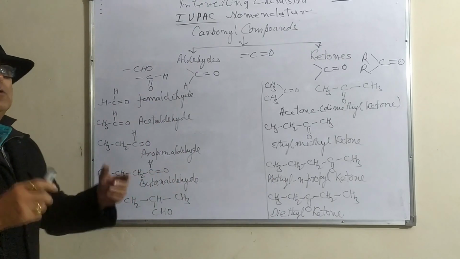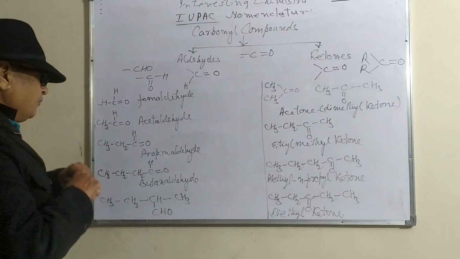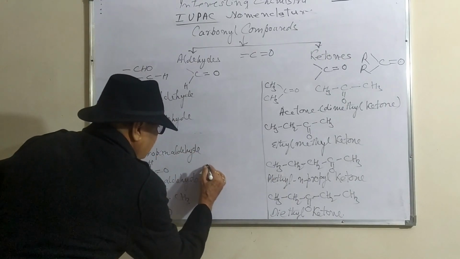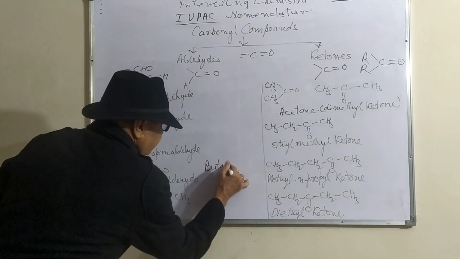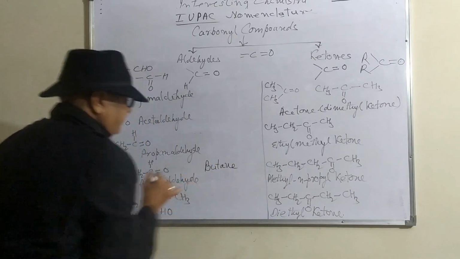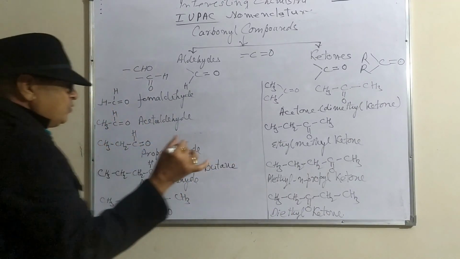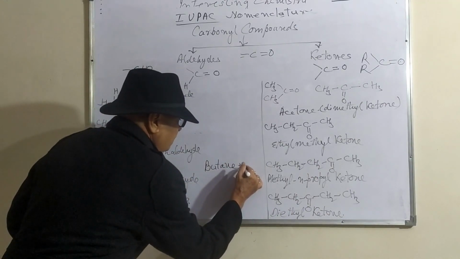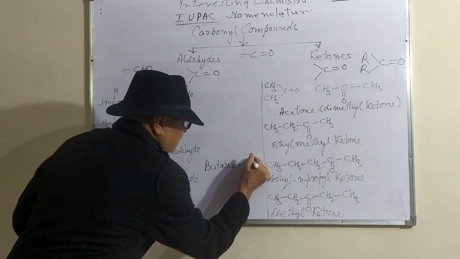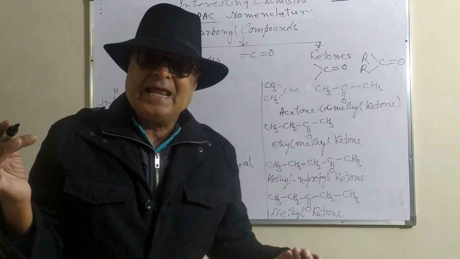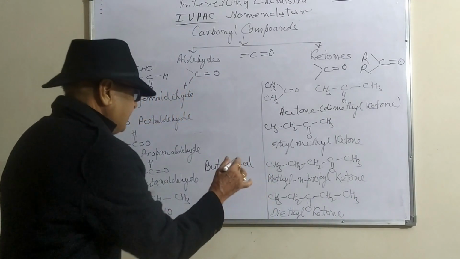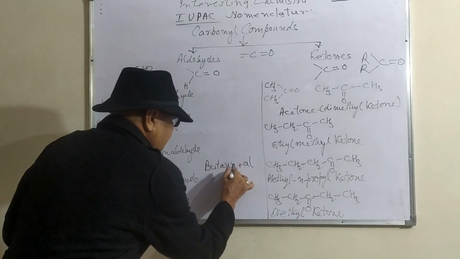But in IUPAC, when you write butane for the aldehyde, now the new term comes: you will suffix butane with al. Only al will be added, so when you join this, the e will be deleted.